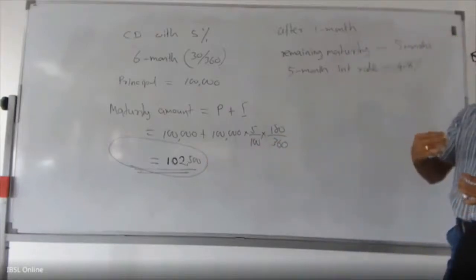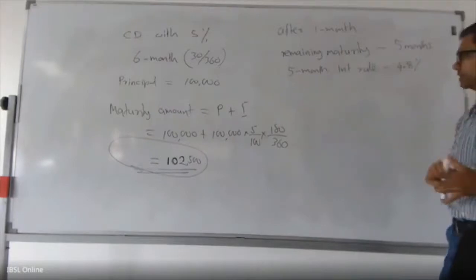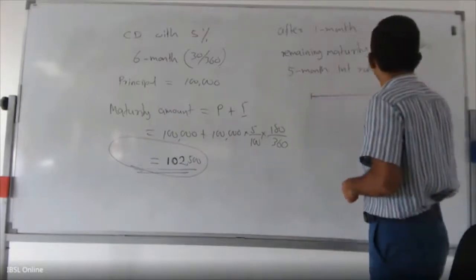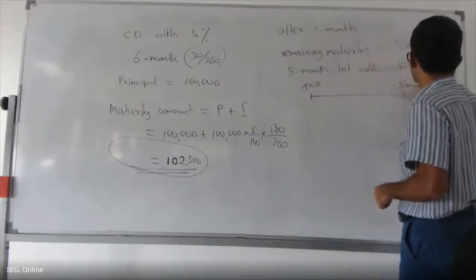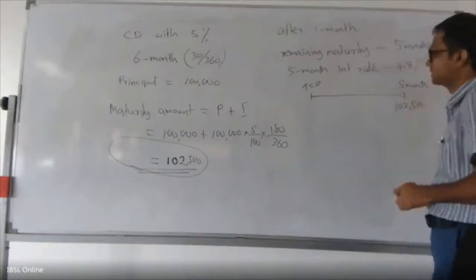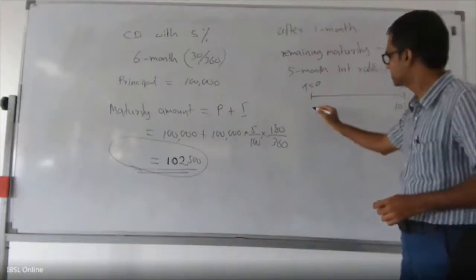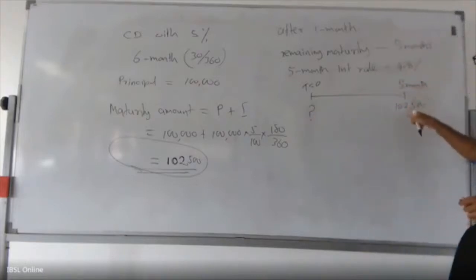You know what you are going to receive at the end of the 5 months period. This is T0, this is 5 months. You will receive 102,500.